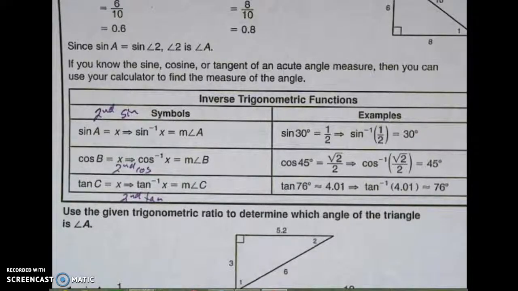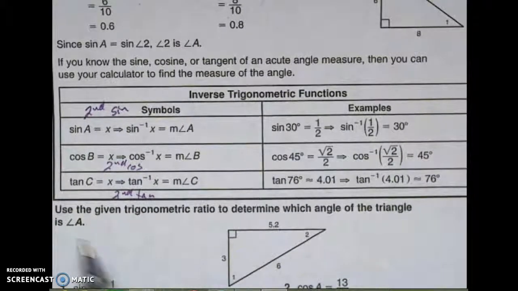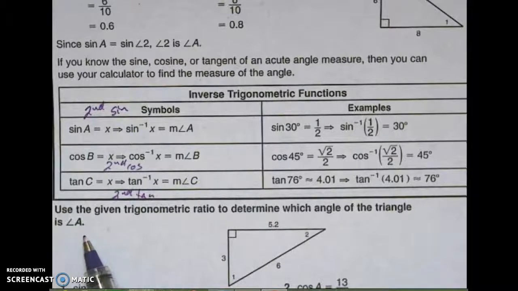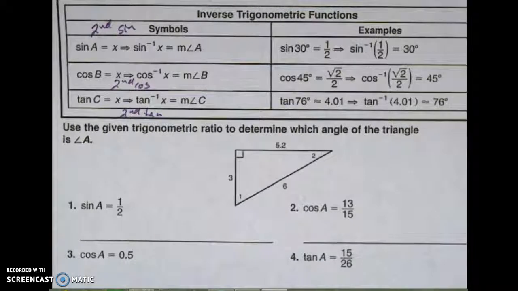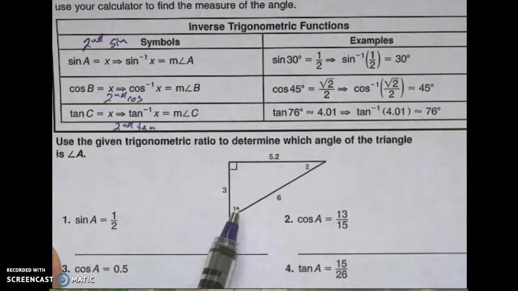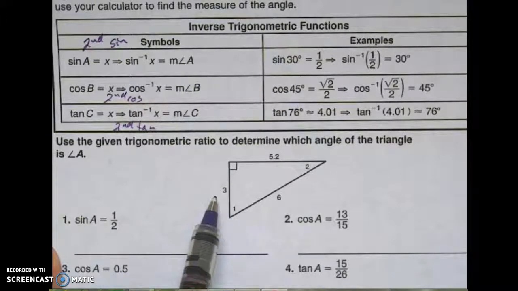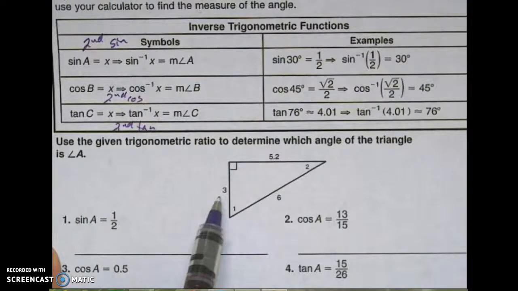If I'm taking a look at knowing my trig ratios to determine which angle is angle A, first I've got some strange decimal approximations here, so let's figure out what kind of ratios we might have. We might have a ratio of 3 over 6, or 5.2 over 6, or 3 over 5.2, or 5.2 over 3, depending on what we're looking at.